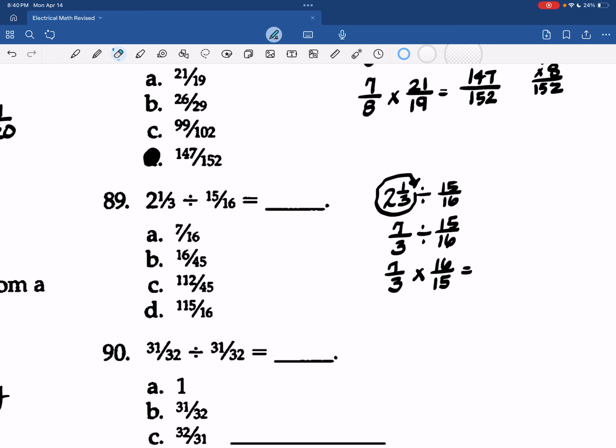I think this might be my last page for today. 16 times 7 is 112. 3 plus 4 is 7. And then 3 times 15 is 45. And that's the answer they want. That's the answer we'll give them. Sorry about that.